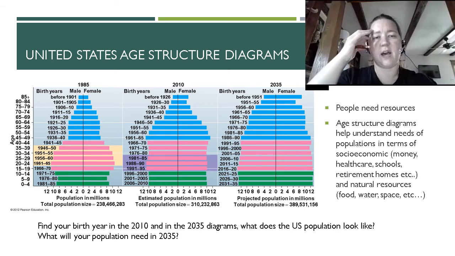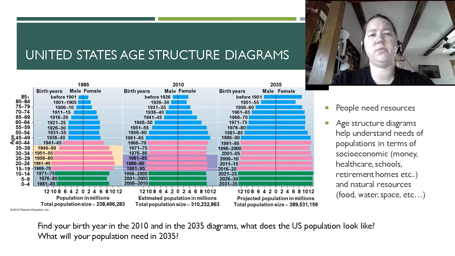So 1985, 2010, 2035. So what I want you to do right now is pause the video, okay, and look in the 2010 and the 2035. You won't be in the 1985, but find your birth year in the 2010 and the 2035. What does the population look like for your birth year at that time?